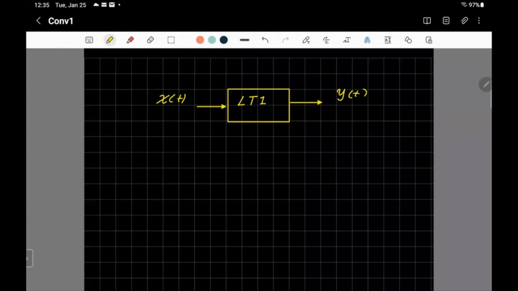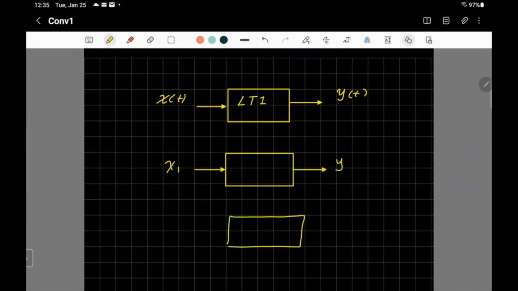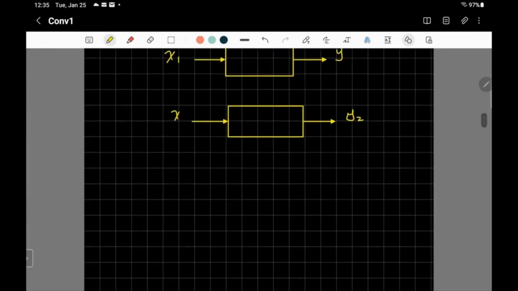So let's just explain what it means, linear system. It's the same system, and if you input x1, the output will be y1. The same system, if you input x2, you will have y2. What about if you have a signal input which is equal to the sum of both?